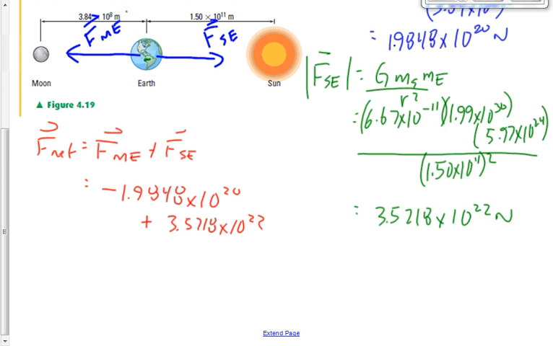What do we get for that? 3.50 times 10 to the 22 newtons. Positive value, so it's to the right. The net force is toward the Sun, in other words, which we would expect, right? Which exerts more gravity on the Earth, the Moon or the Sun? Clearly the Sun, because we orbit around the Sun, not around the Moon.